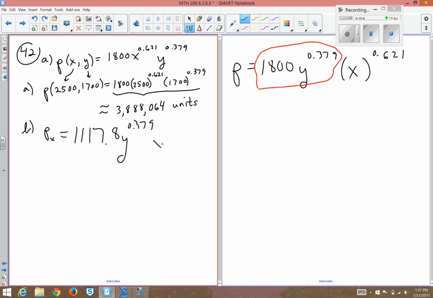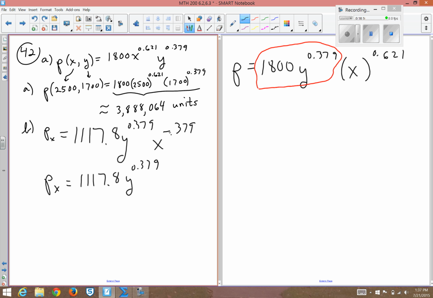We bring down the x, and we take 1 away from the exponent. 0.621 minus 1 is negative 0.379. And that's it. But there's other ways to write that. You can write it as 1117.8y to the 0.379.